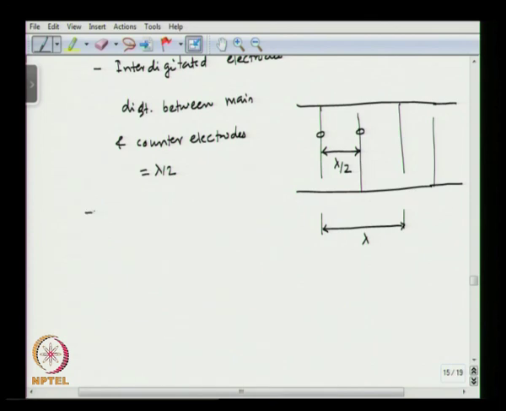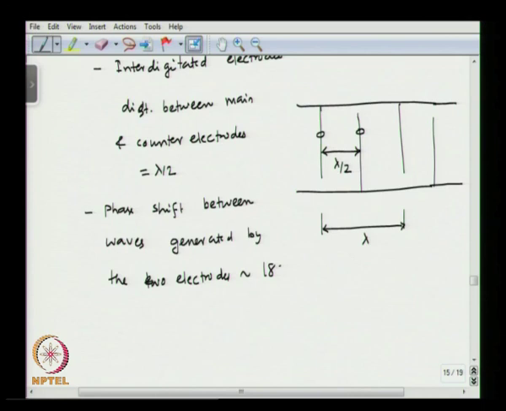So, the phase shift between the waves generated by the two electrodes will be 180 degrees, and the acoustic streaming is going to be bidirectional.